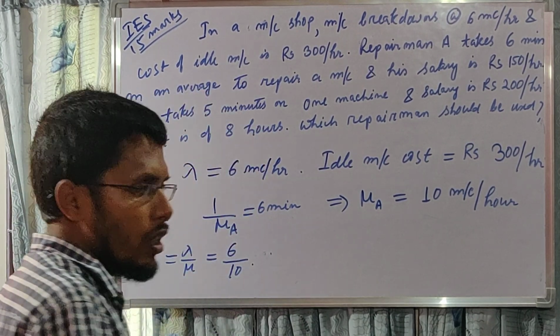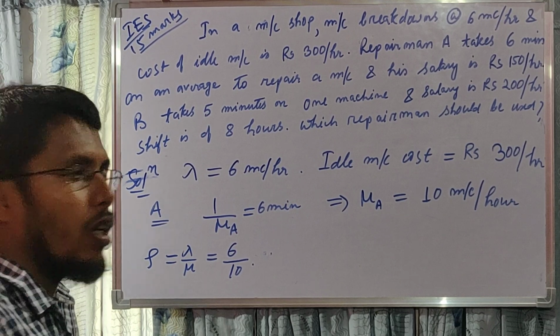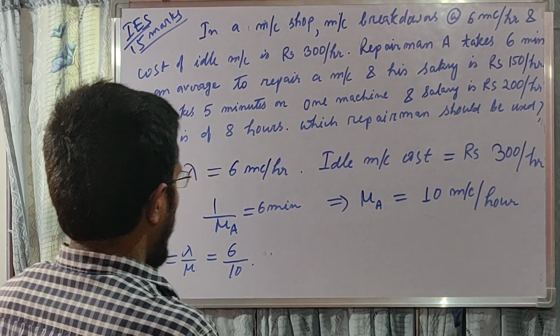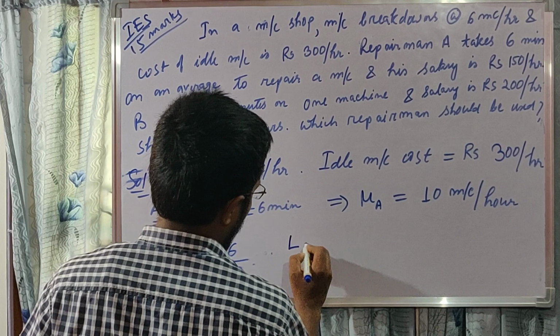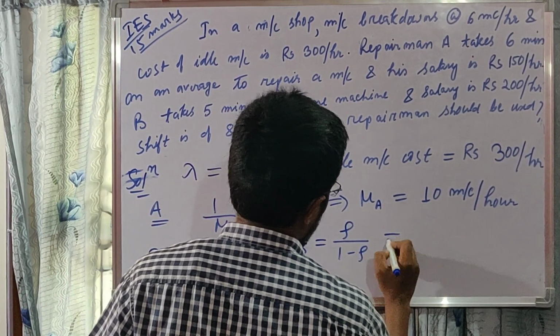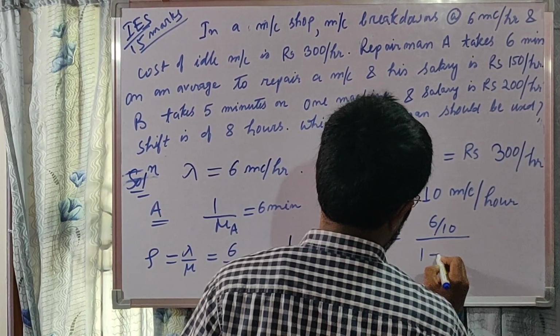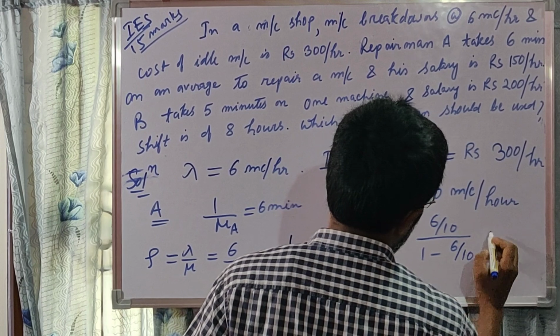So we have to find the average number of idle machines, or length of the system, per hour. Length of the system is given by rho upon 1 minus rho. Rho is 6 upon 10, and this is 1 minus 6 upon 10.